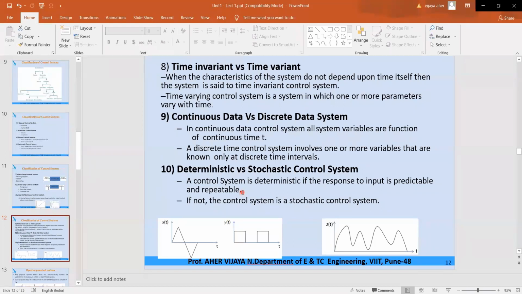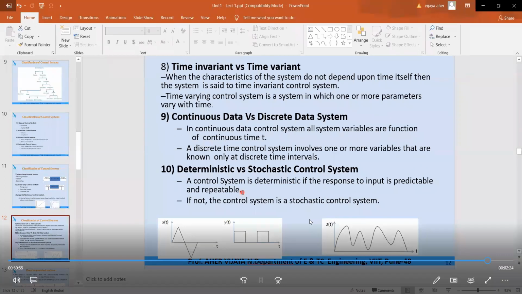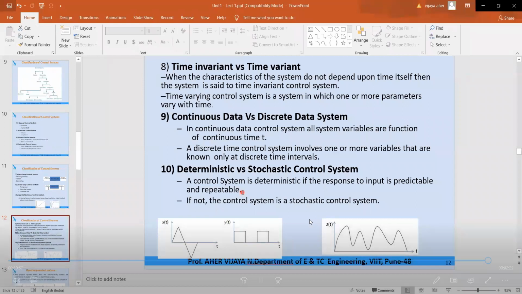That is deterministic modeling of your control system, similar to your behavioral modeling. If the response to input is not predictable or not repeatable, that means the control system is stochastic. In a deterministic control system, response to the input is predictable and repeatable. So this difference you have to remember.